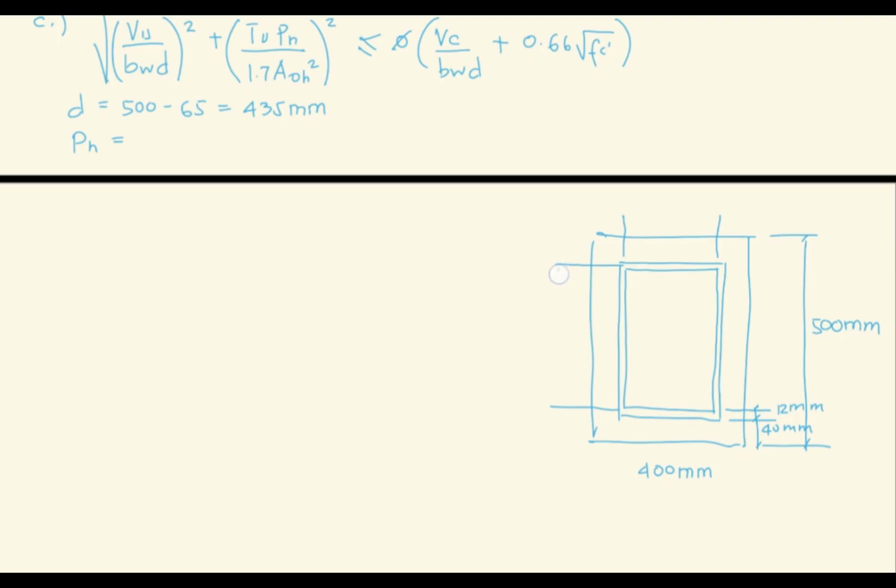So this measurement would be equal to 500 minus twice of 40 minus twice of, since if this is 12, from this to that we'll be considering the half of this, so 6 and 6, minus twice of 6 and 6.